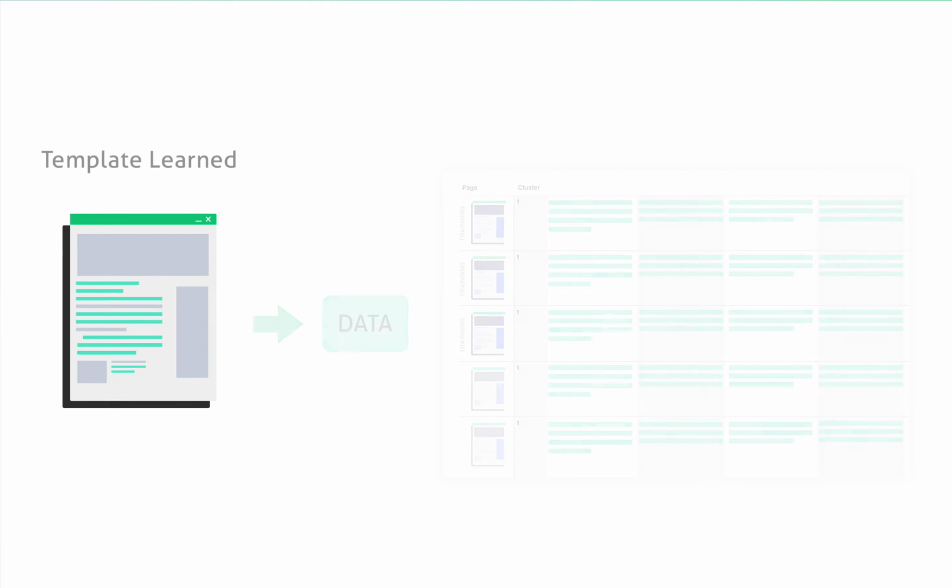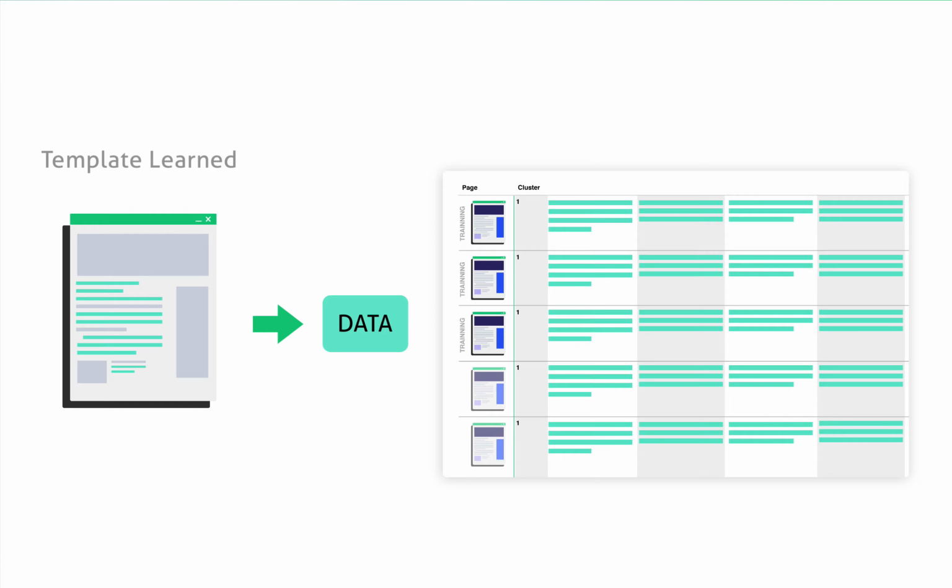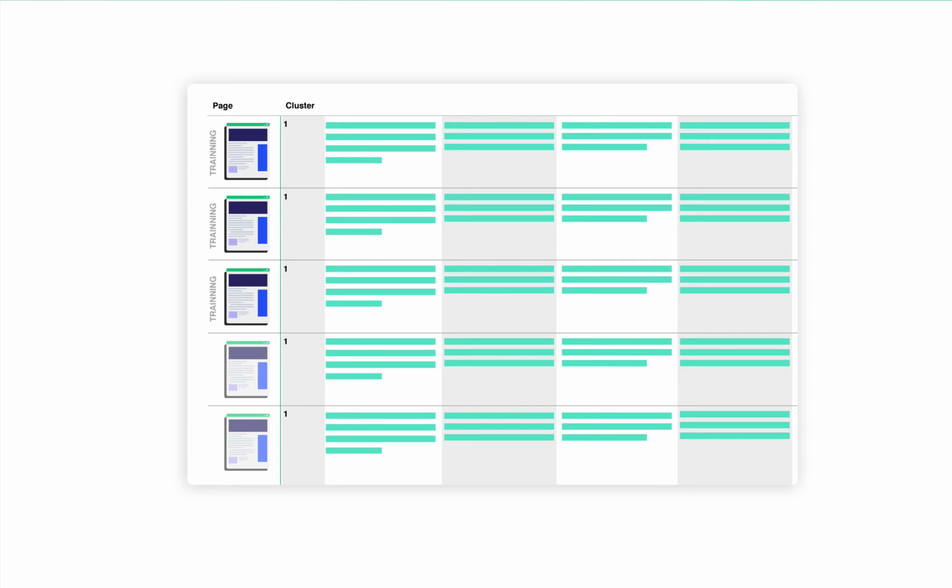To understand how these operations might be used to fix extractions, it might be helpful to recall that RSX extracts data based on a common layout learned from a set of training pages. The content that changes from page to page and that is not part of the template is the data that RSX extracts and shows in each column.